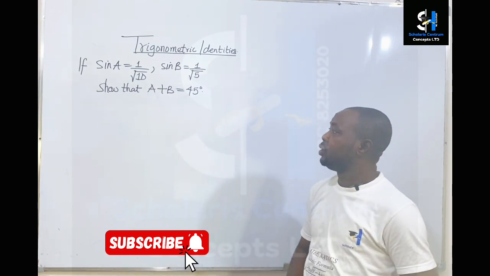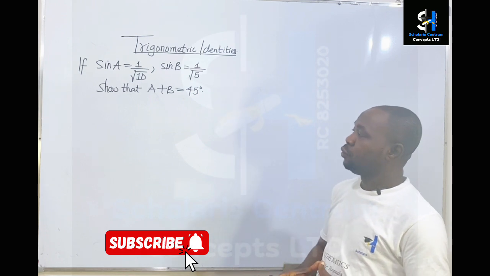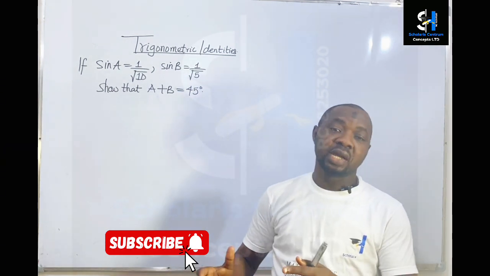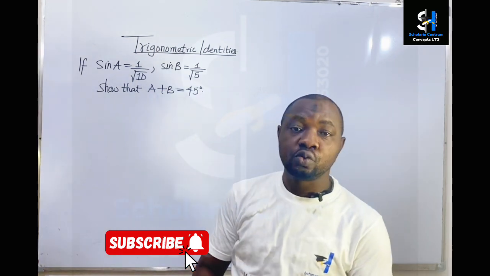Okay, now the first thing we need to do is to write the sum formula for the sine of a sum of two angles.